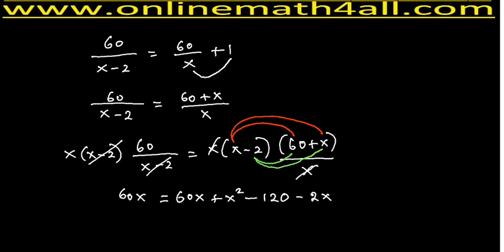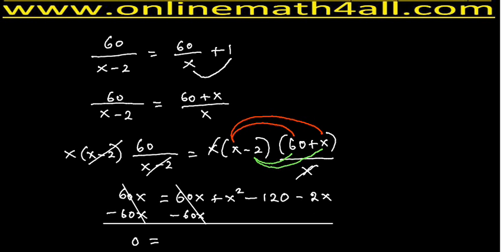Negative 2 times x will be negative 2x. Now I am going to subtract 60x on both sides. So 60x and negative 60x will get cancelled, and we'll have 0 on the left side. We have x squared, negative 120, and negative 2x, which can be written as x squared, negative 2x, negative 120.